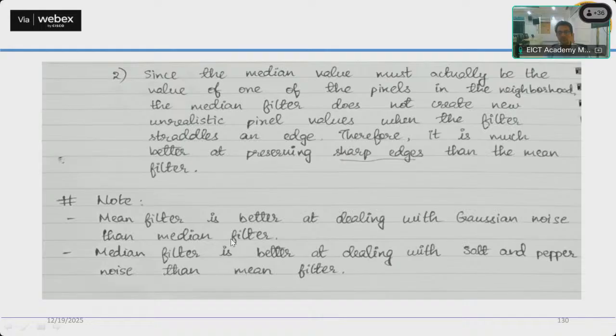Suppose the values are even, then how to calculate the median? If you recall, we take only the odd case of the mask. Actually, it depends upon the mask. Even then we can calculate the median, taking the average of the middle values.